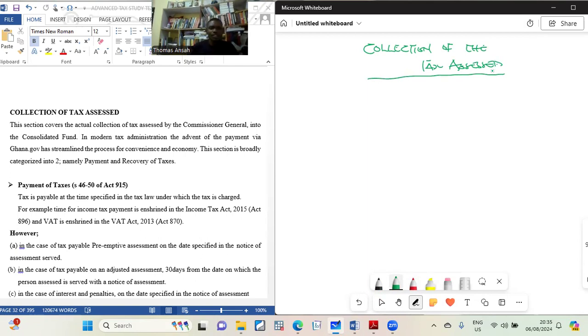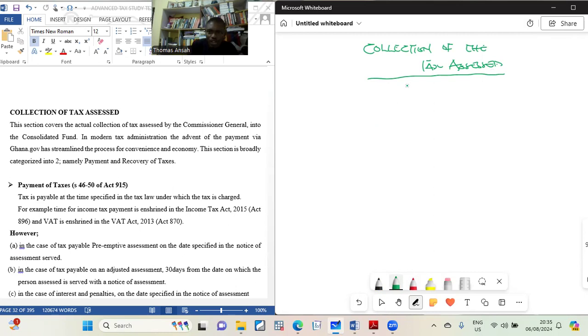Now, the law says that any money that is due the government must see that you are liable and must use all means possible to collect the money. So tax due the government is a debt to the government, a debt by the taxpayer to the government, and so therefore they must take all necessary means to collect it.